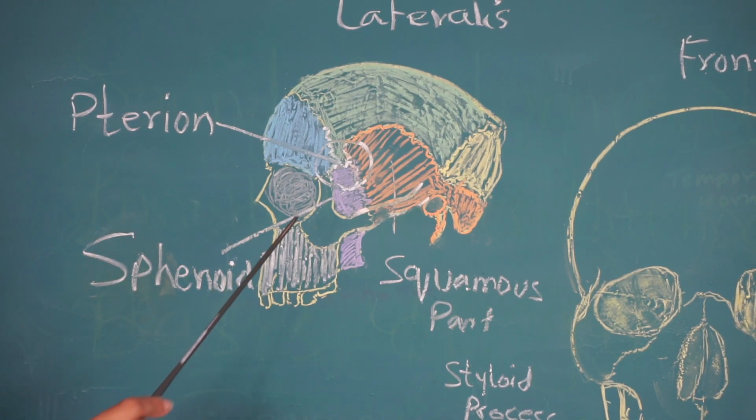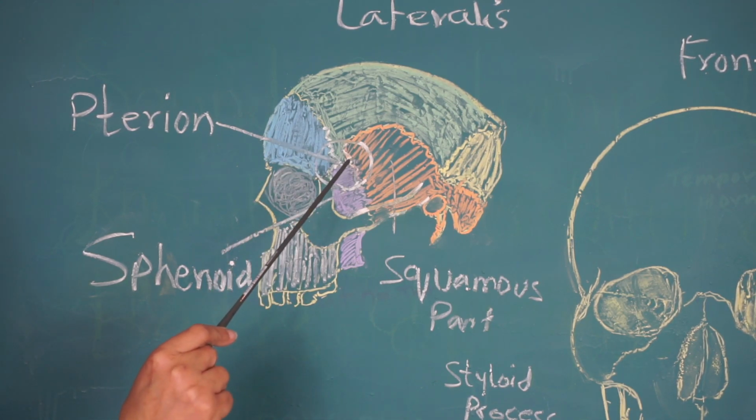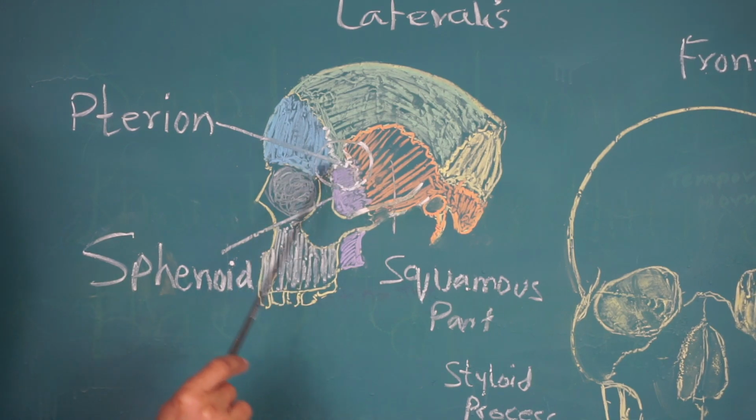The reason why it is weakest is because you can see there are so many joints. There are almost four bones involved in creating this pterion. The other functional or clinical significance of pterion is that one of the major arteries supplying the dura mater, the outer covering of the brain, is known as the middle meningeal artery, because dura is one of the meninges or the membranes of the brain.